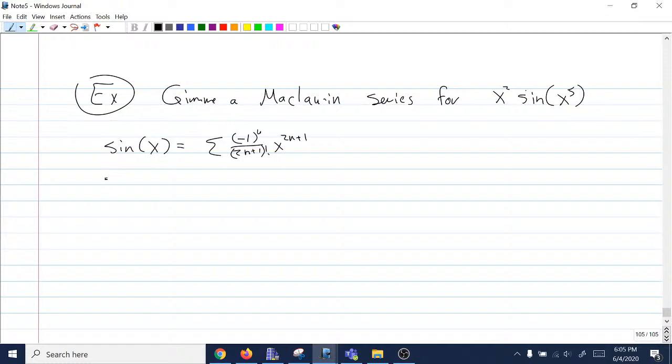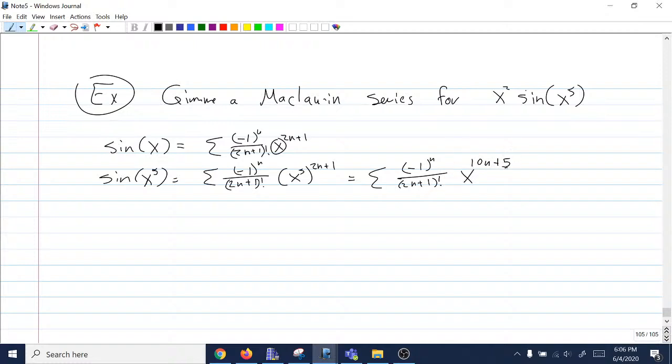So sine of x to the 5th is going to be, take that and replace the x with x to the 5th. X to the 5th to the 2n plus 1. This is a sum of minus 1 to the n over 2n plus 1 factorial, x to the 10n plus 5.